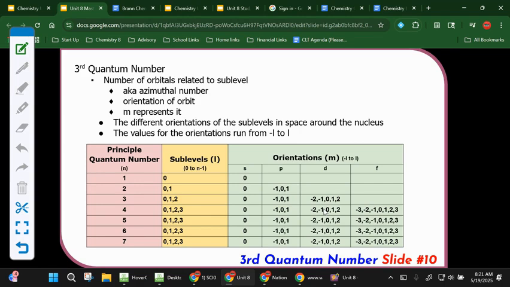The second energy level has a 0 and a 1, which means you have one orientation here, and then if your value of L is 1, you could go from -1 to 0 to 1. You get 3 numbers, which means there are 3 orientations. Guess what? X, Y, and Z. Those are your 3 orientations.